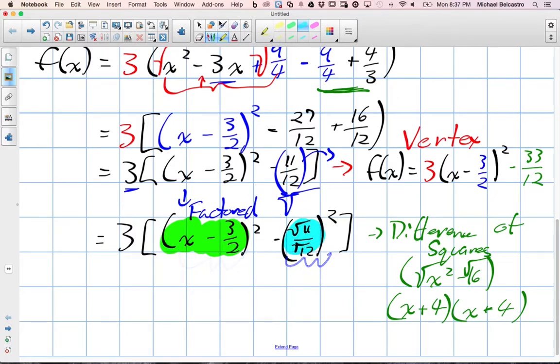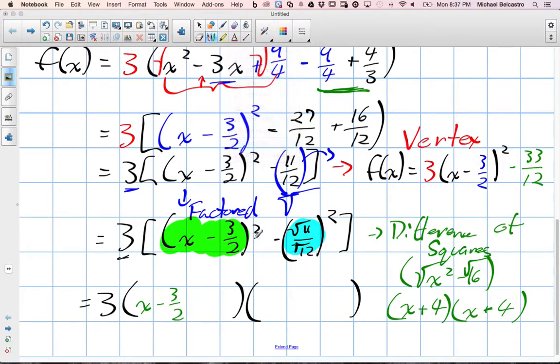The a value of 3 still stays the same, so I have 3 outside, and we're going to make 2 brackets like we said. The first term in each bracket will be x minus 3 over 2, because the square root essentially just cancels out the squared, and the same thing will happen over here. And we get x minus 3 over 2.